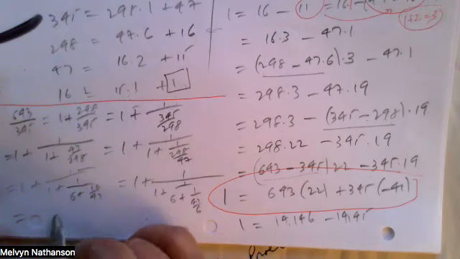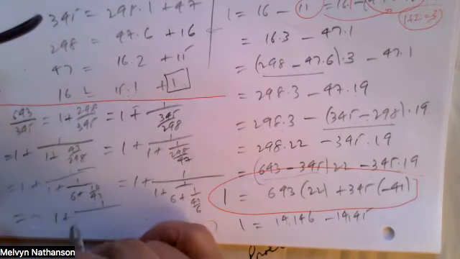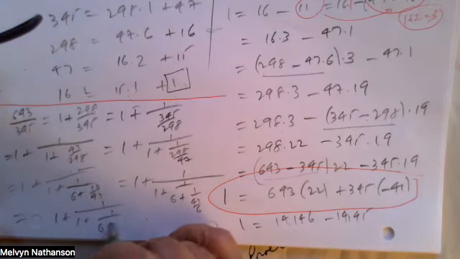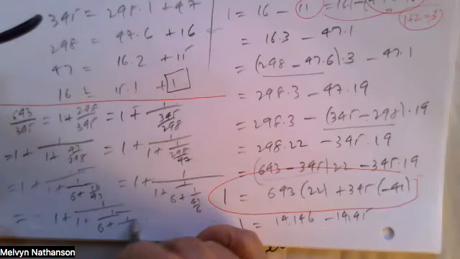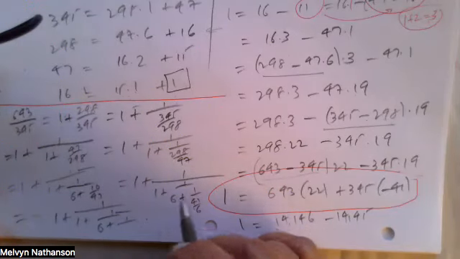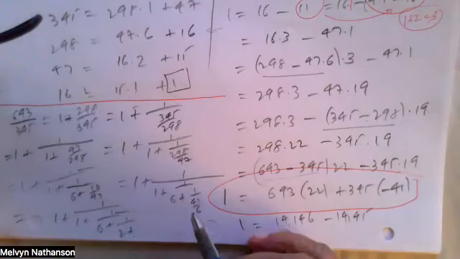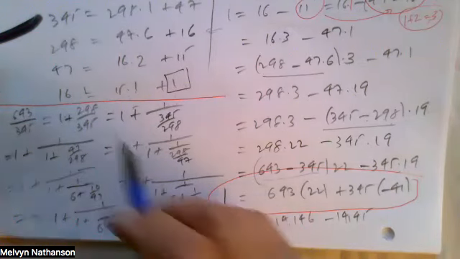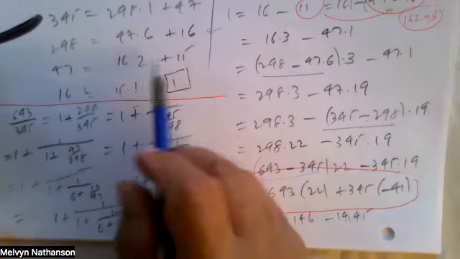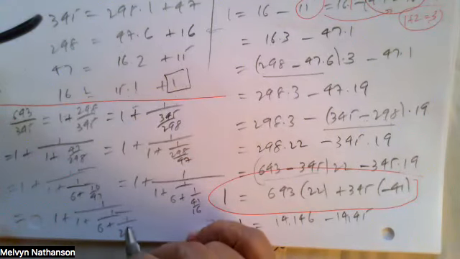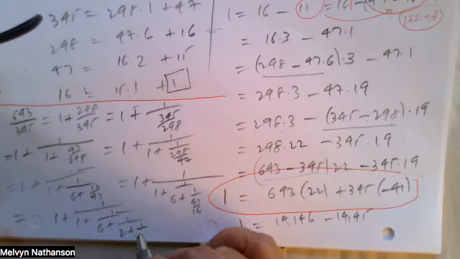So I get 1 plus 1 over 1 plus 1 over 6 plus 1 over 47 over 6, which is 2 plus, sorry, 47 over 16. 47 over 16 is 2 plus 15 over 16. 15 over 16 is 1 over 16 over 15, which is 1 plus 1 over 15.